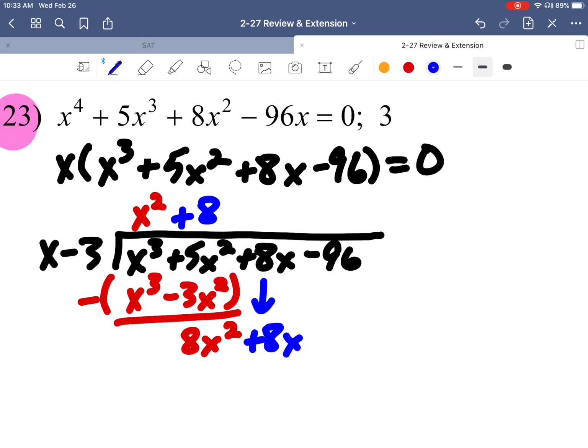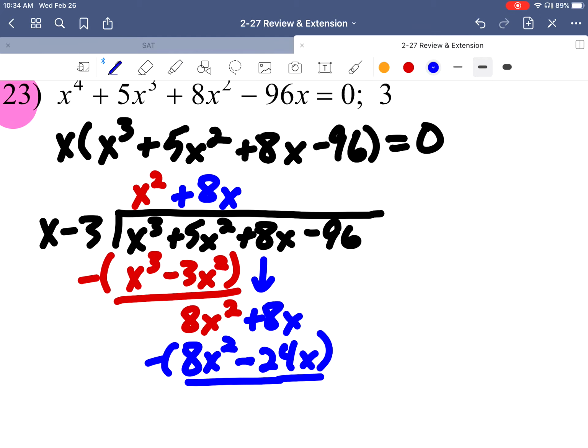Now we have to multiply x by 8, to get 8x squared. And then 8x times negative 3 is negative 24x.